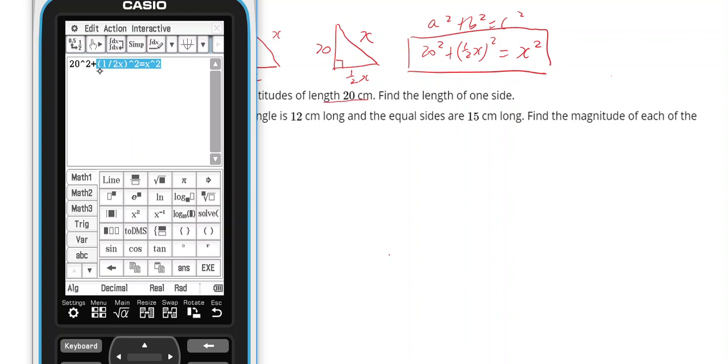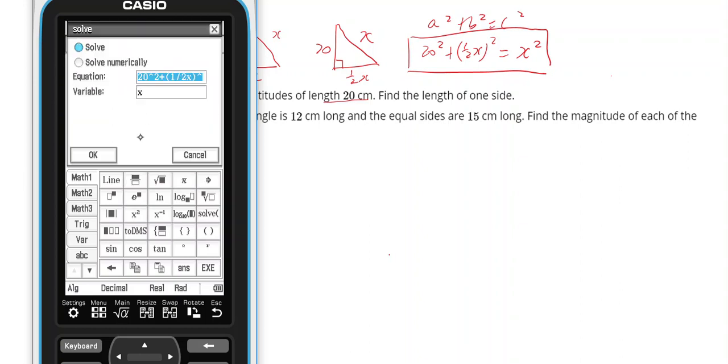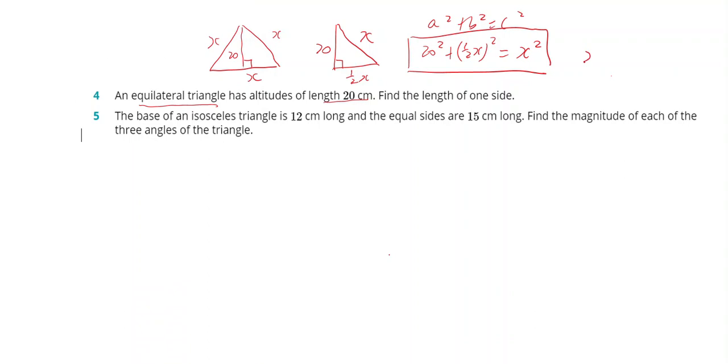Okay, I'm going to go interactive, advanced, solve for x. Now you see we have 2 answers. The answer we want is the positive answer, because obviously we're talking about length here. So it's 23.09. So x equals 23.09 centimeters. Make sure you put in correct units.